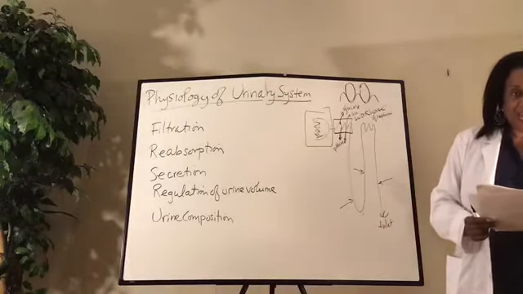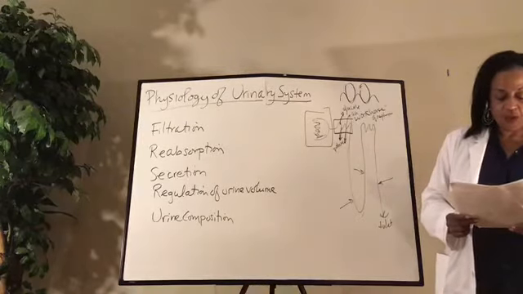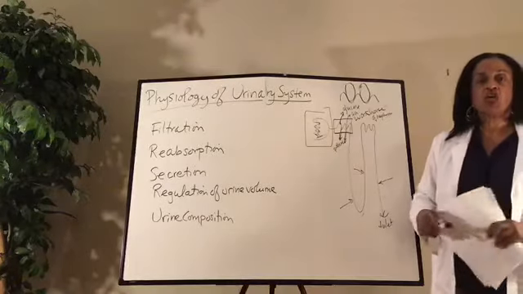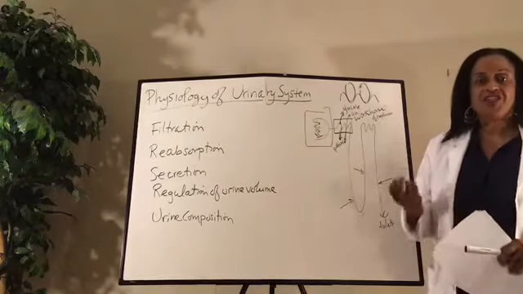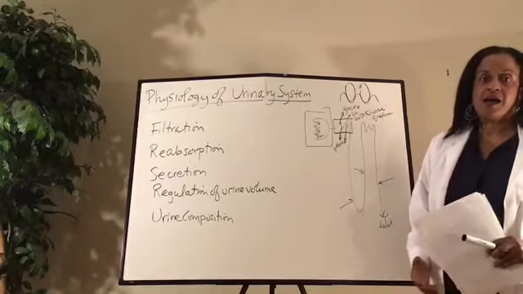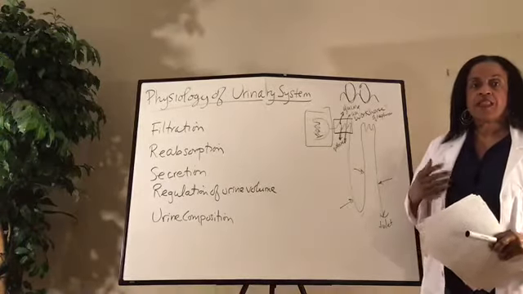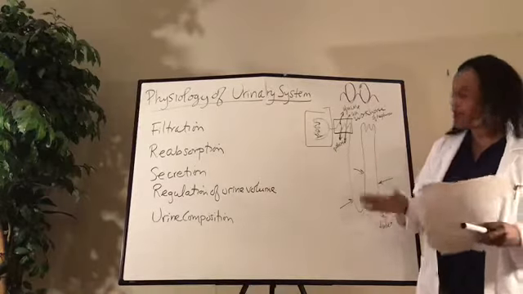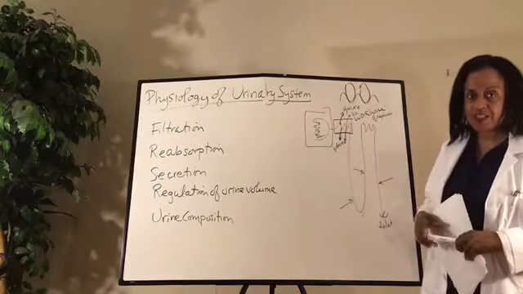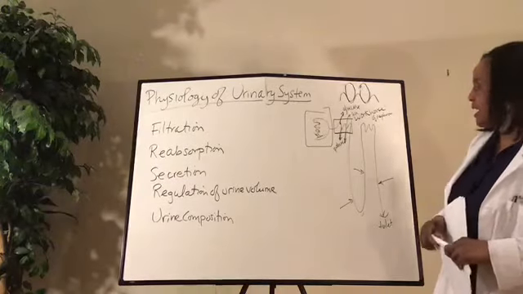Secretion of hydrogen ions increases with increased blood hydrogen ion concentration. So the more hydrogen ions, which means your blood is becoming more acidic, the more you will end up secreting those hydrogen ions.